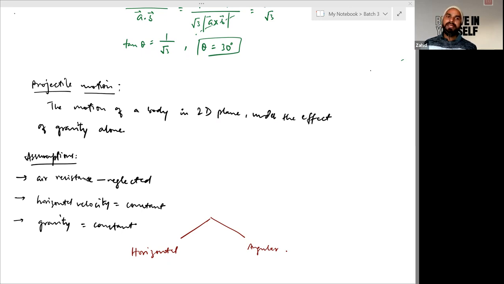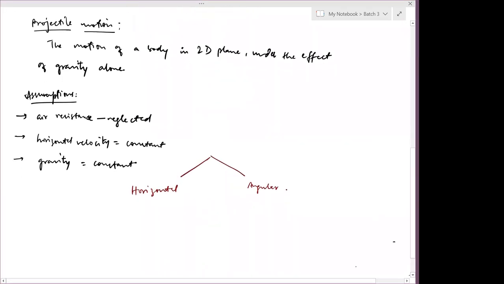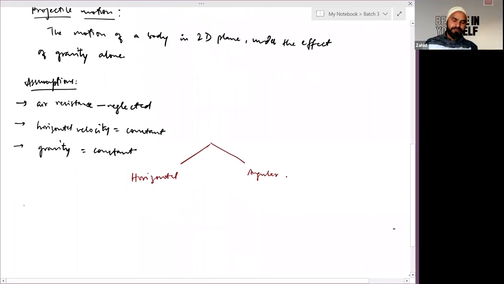If air resistance is neglected, then there will be no opposing force in any of the coordinate axes, that will be x-axis or y-axis. So we assume horizontal velocity to be constant throughout and gravity to be constant. Is it clear? Yes, sir.